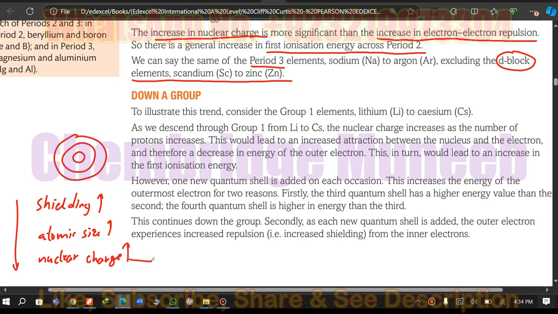So this nuclear charge should show that the ionization energy must increase, but actually the ionization energy decreases down the group. It decreases while moving down the group. What is the reason?